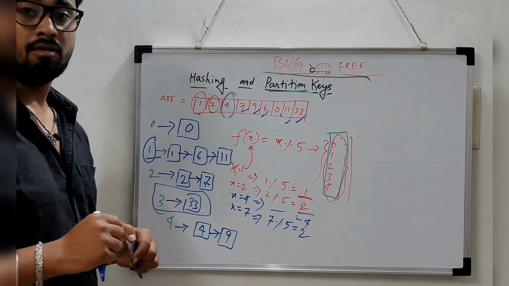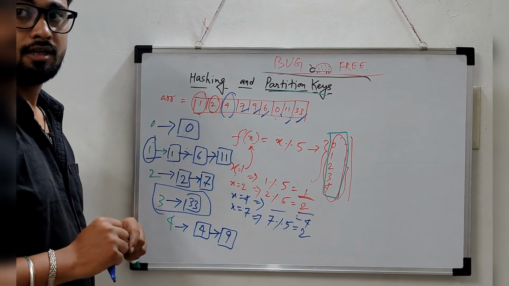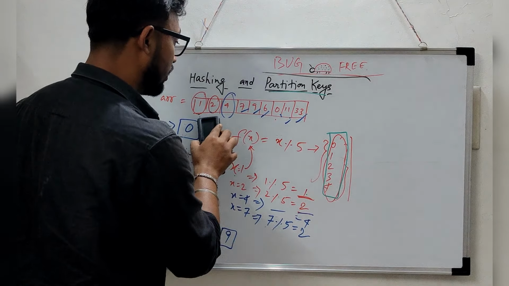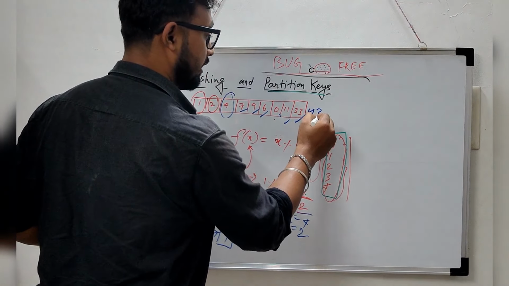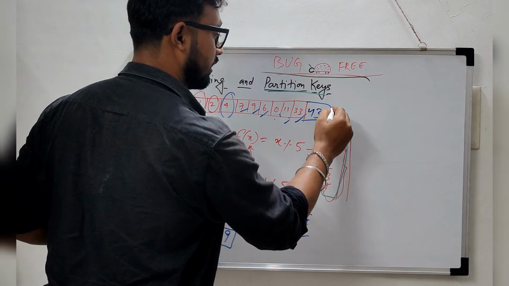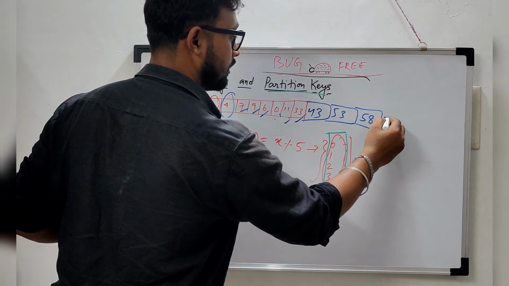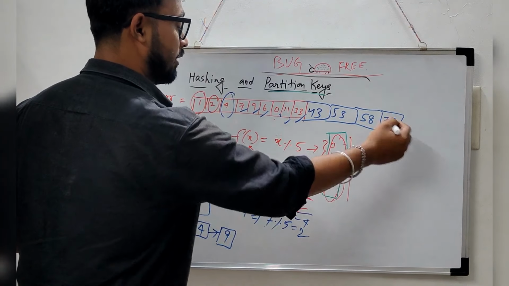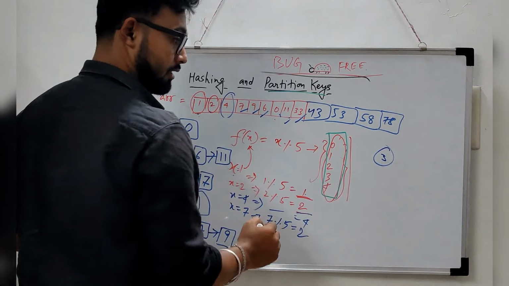Now there is a problem here, you know. What is the problem? The problem is a scalability problem. What is the scalability problem? Now let's imagine that instead of all these random numbers, we are getting, say, 43, 53, 58, 78, right? So all these numbers when divided by 5 will leave a remainder of 3, correct?